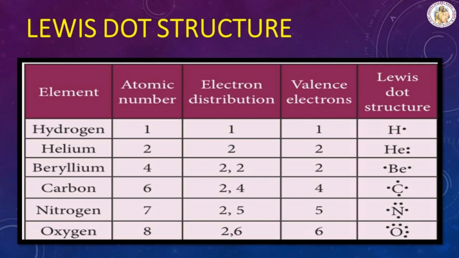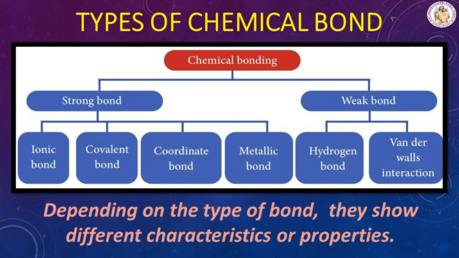Next is oxygen, atomic number is 8, electron distribution 2, 6, valency electron 6. Here we have 3 paired dots. It means 3 paired electrons are there, so these are represented by 3 paired dots. So totally 6 dots are there.